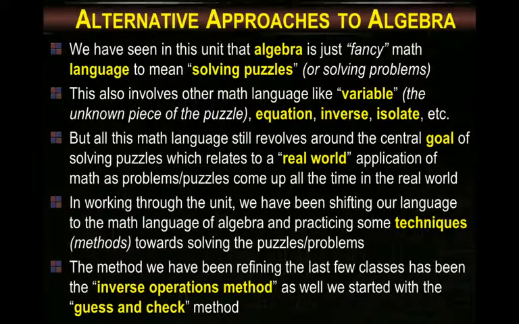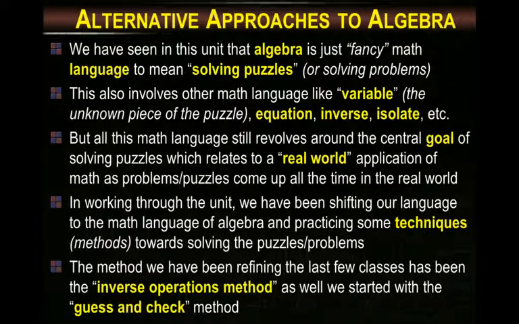The central goal still is to solve puzzles related to the real world, okay? So we've been trying out these techniques, this inverse operations technique or method, but you sometimes get lost in it. You think, well, this is just math class, math class, math class. You lose the fact that it is going to relate to the real world eventually, okay?